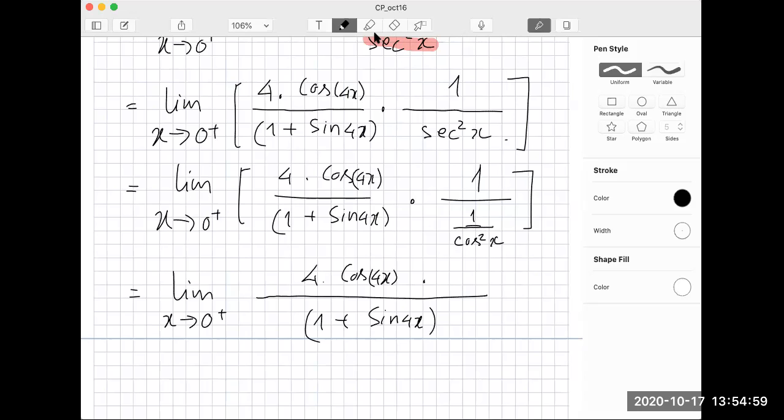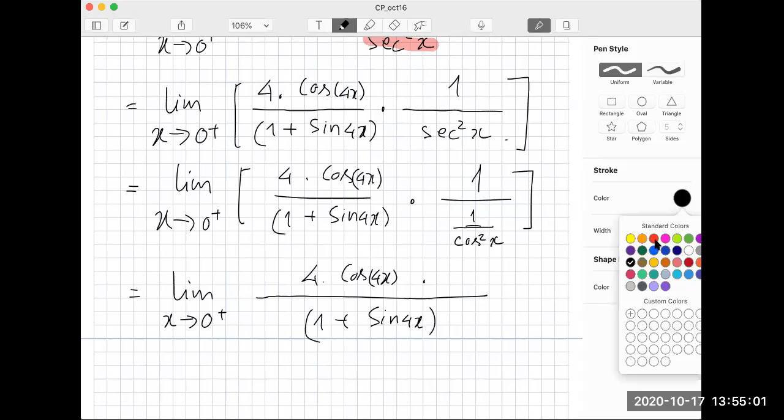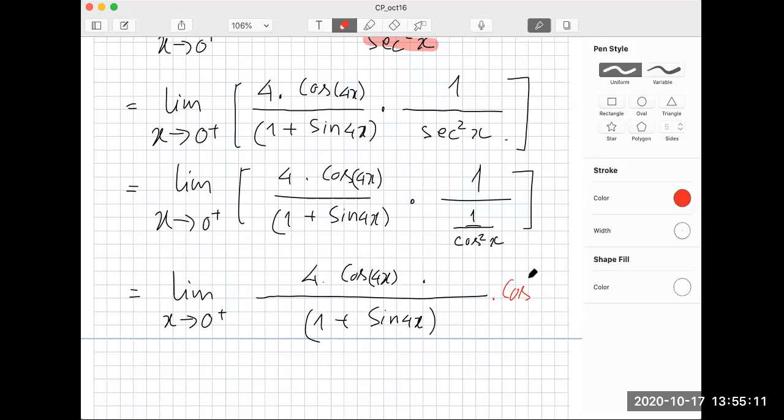Yeah. 1, multiplied by the reciprocal of 1 over cosine square, gives us cosine square. Okay.